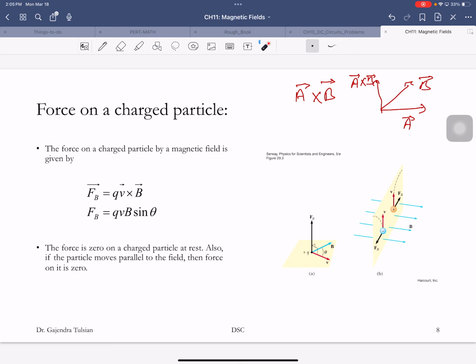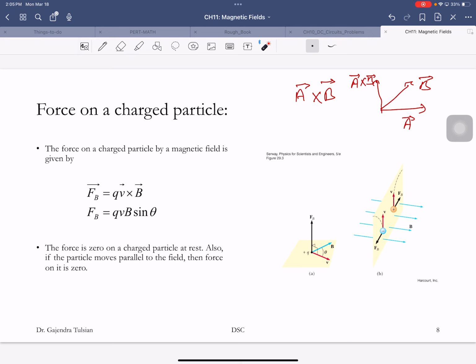Okay. So can the force ever be zero? If a charged particle is moving in a magnetic field, can the force ever be zero? For theta equal to 180 degrees, what is sine theta?